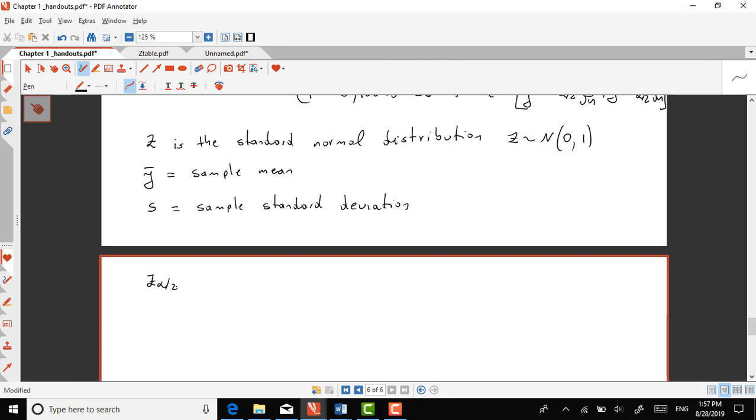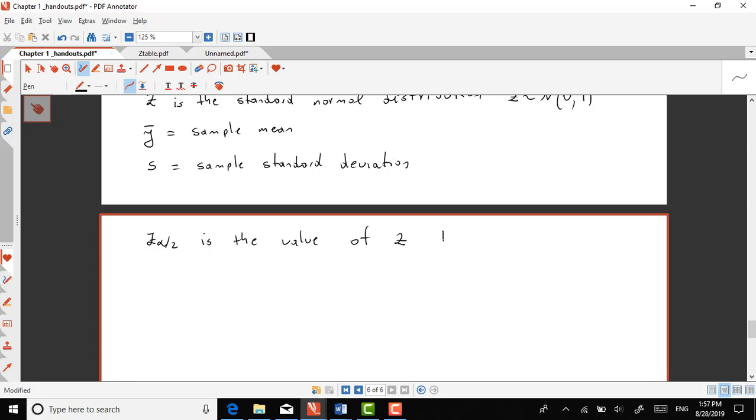So that Z alpha over 2 is the value of Z that has an alpha over 2 probability to its right.